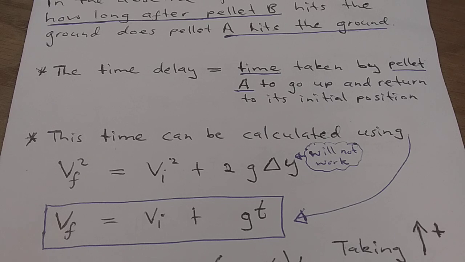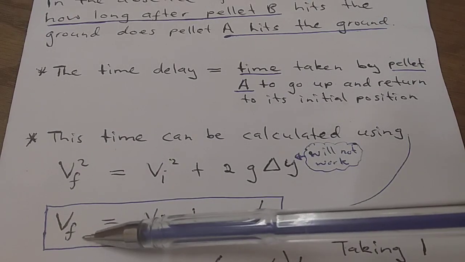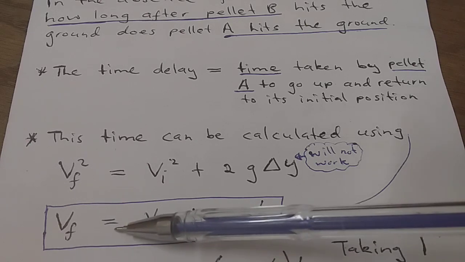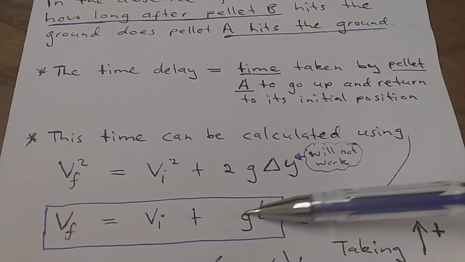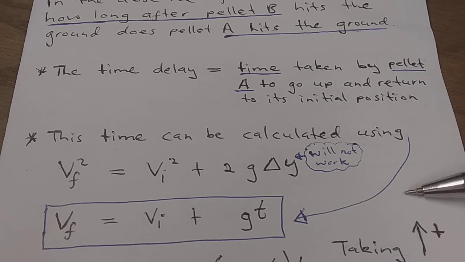The final velocity was negative 30 meters per second. So now we are going to use that negative final velocity is equal to the initial plus g multiplied by t. Taking up as positive has an implication on what sign g is going to hold, whether positive or negative.